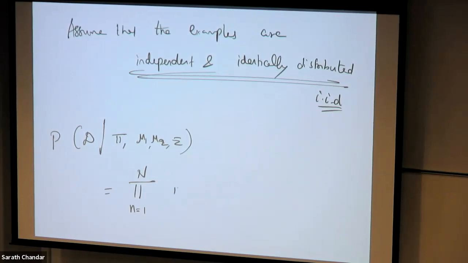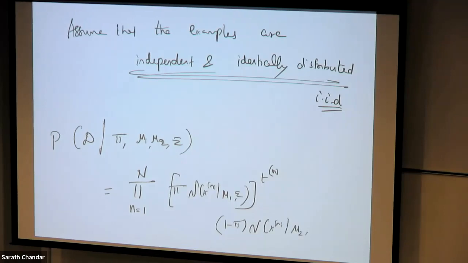So pi times the Gaussian for the first class conditional density, the whole power t of n, times 1 minus pi times the Gaussian for the second class conditional density, power 1 minus t of n. Is that clear?